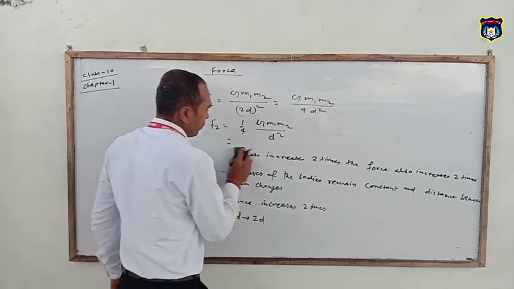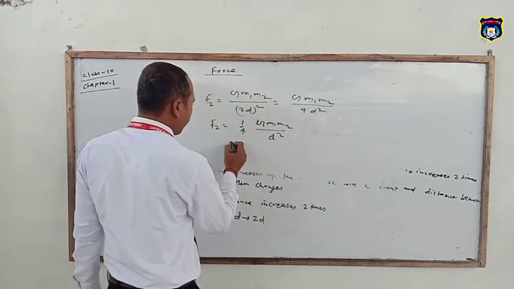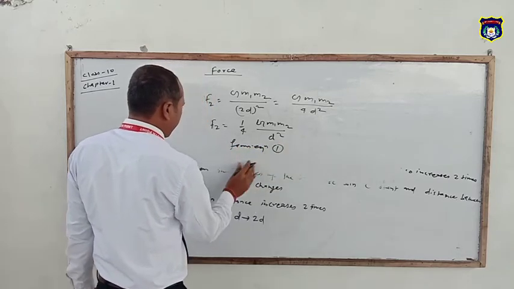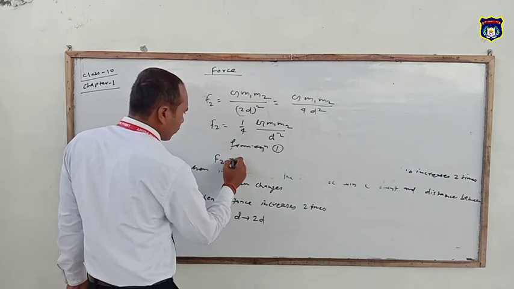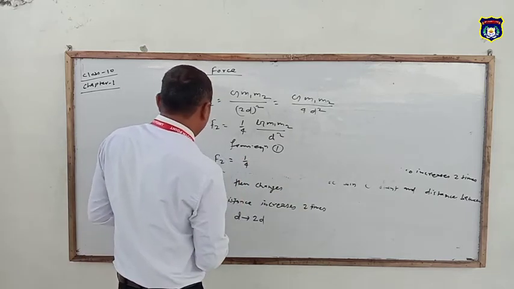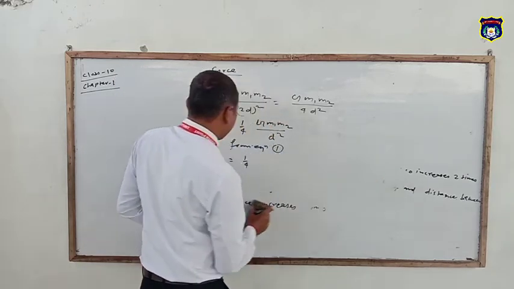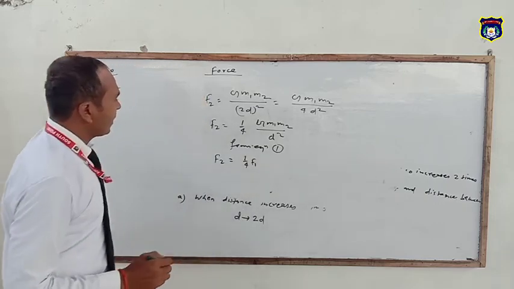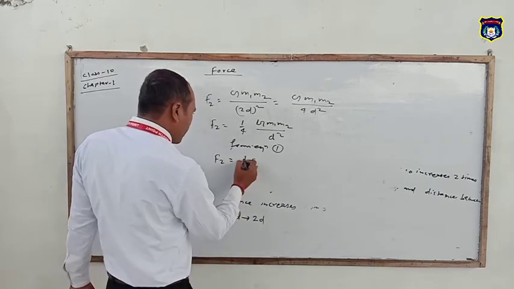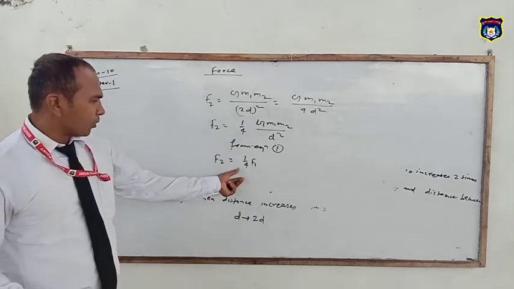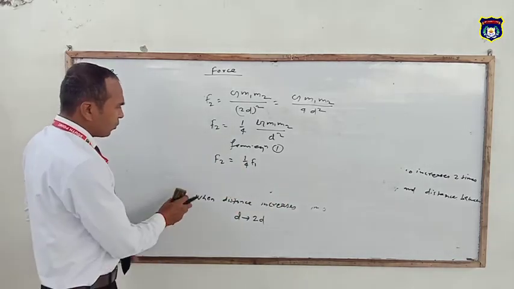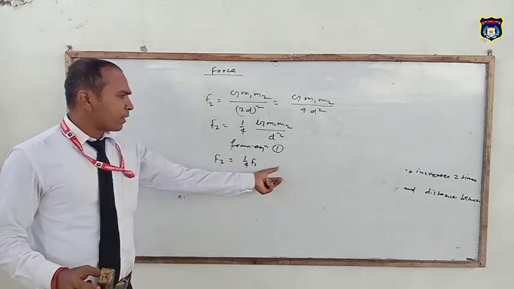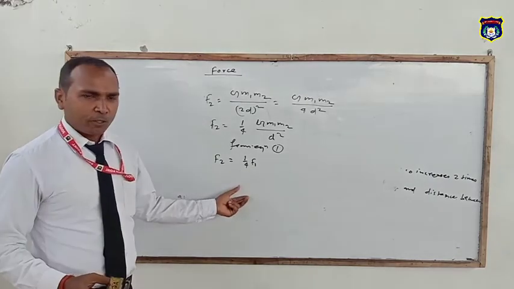And when we put the value from equation 1, F2 is equal to 1 by 4, and instead of G m1 m2 by d square we can write F1. It means the force decreases to 1 by 4 compared to the previous one. It means when the distance increases 2 times, the gravitational force among them becomes 1 by 4.